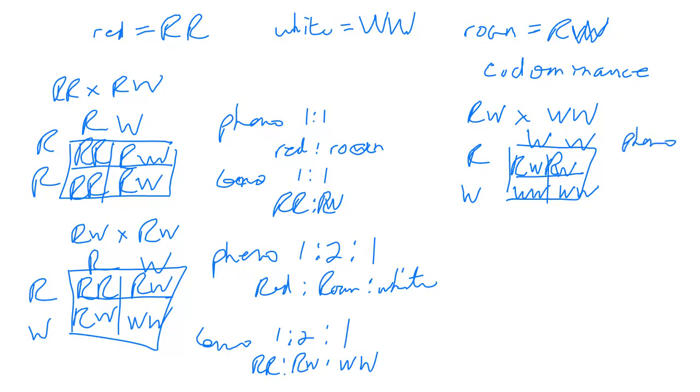So our phenotypic ratio is 1 to 1, roan to white, or you could say 50-50. It's the same for the genotypic ratio, right? It's also 1 to 1, RW to WW, right? Or you could say 50-50, a half and a half.